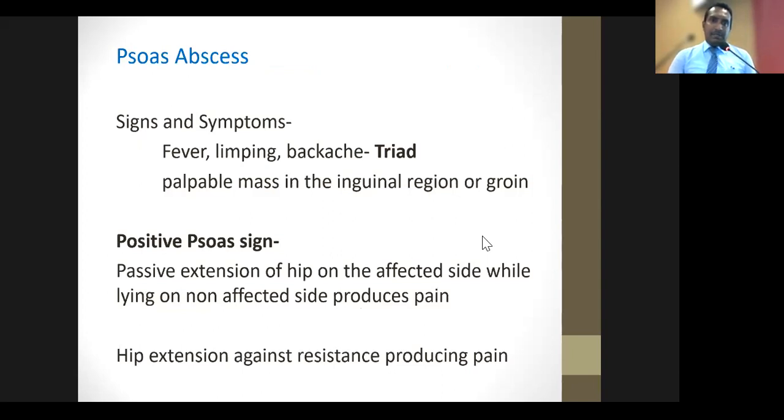And there are specific tests to test the tense psoas muscle, positive psoas sign, which is passive extension of the hip on the affected side, while lying on the non-affected side, producing pain. And also hip extension against resistance, producing pain.